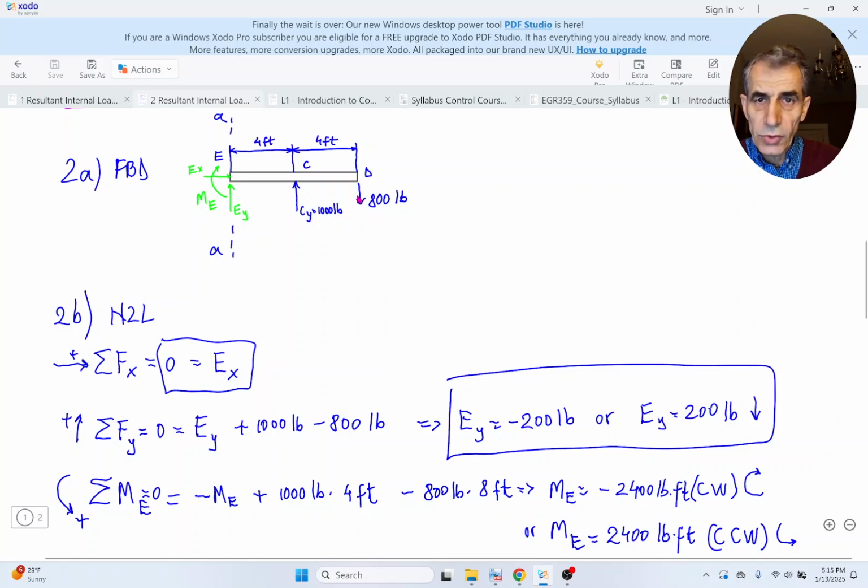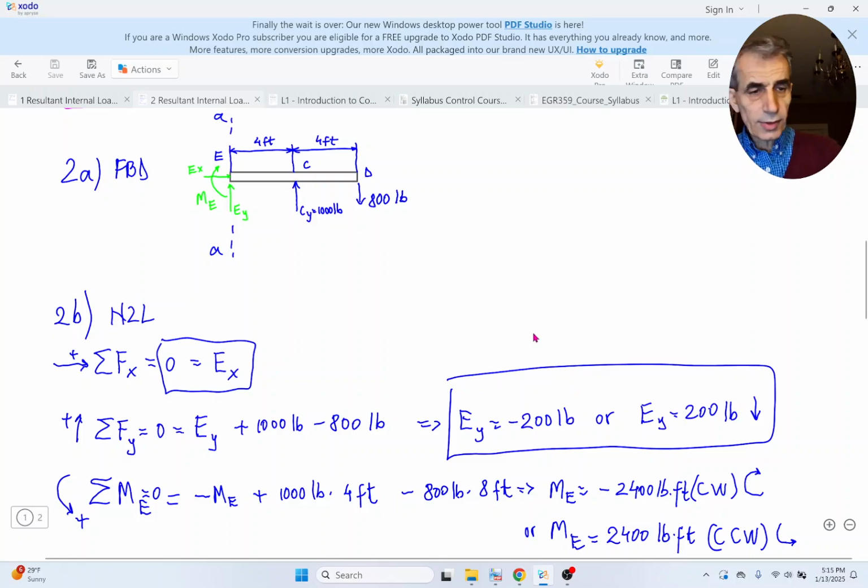Then we have this one is clockwise, which is negative. So 800 times 8 feet. Again, we solve and we get negative 2400 pound-feet. Or if we want to change that sign, we eliminate it, and we see that it is acting counterclockwise, positive 2400 in the counterclockwise direction.